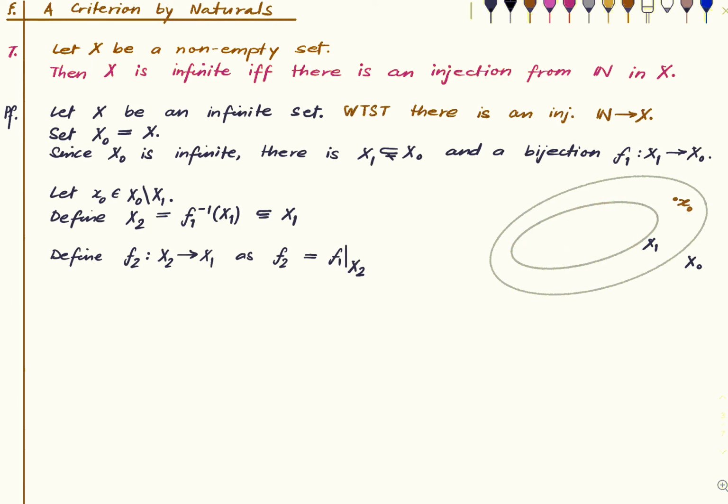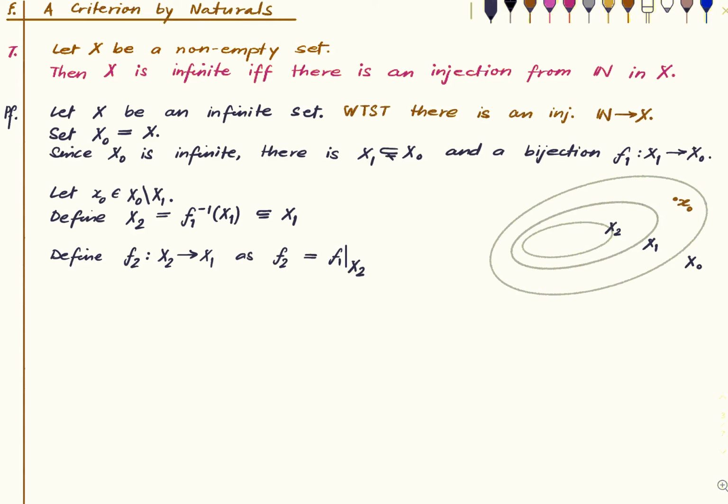So let me draw X2. Something like that. Now the figure suggests that X2 is a proper subset of X1 and we will prove it, but as of now the figure has not been justified.